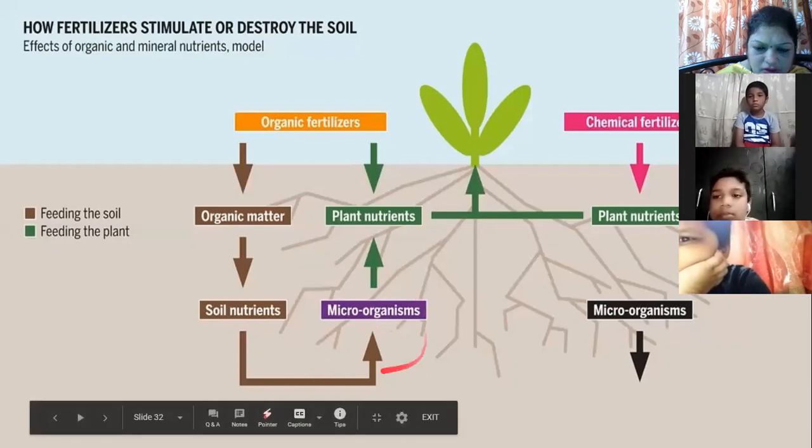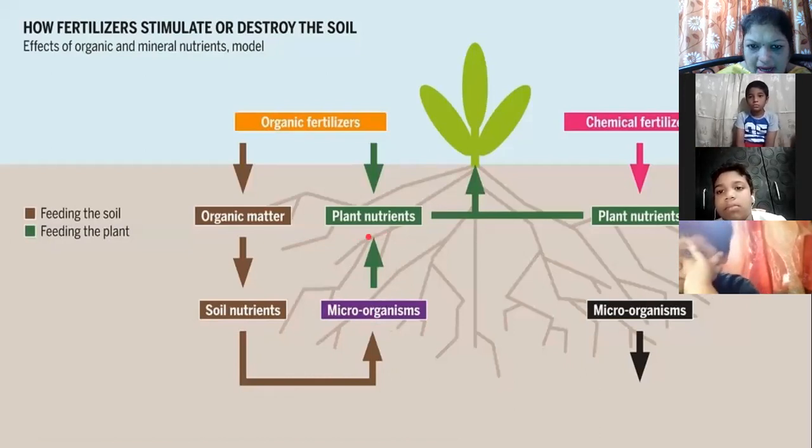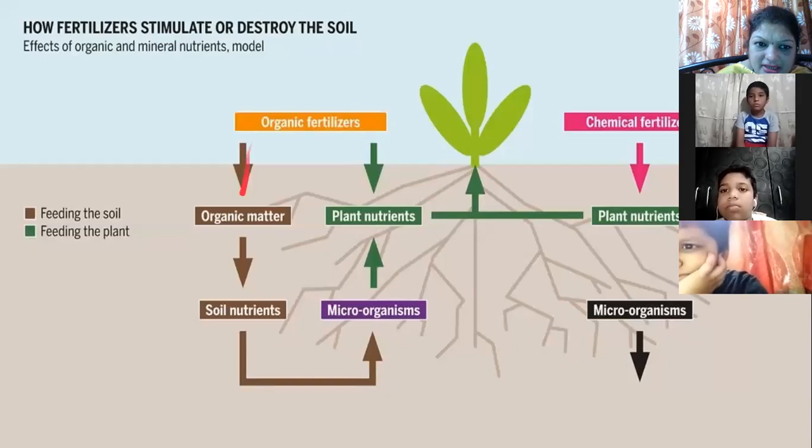Microorganisms also act in the soil, and the plant nutrients which are there in the soil are in turn provided to the plants, and there is proper growth. So you saw the cycle: organic fertilizers mixed with the organic matter into the soil will give you nutrients in the soil, and these nutrients will be provided to the plants. Very good technique, okay, good quality, but production will not be much.